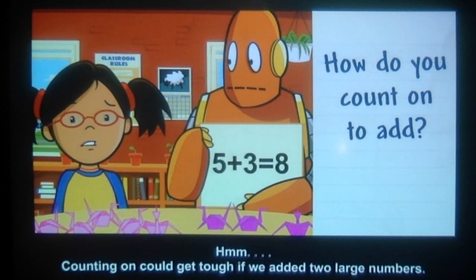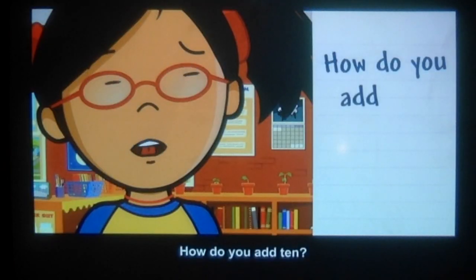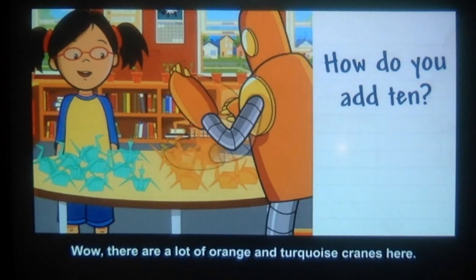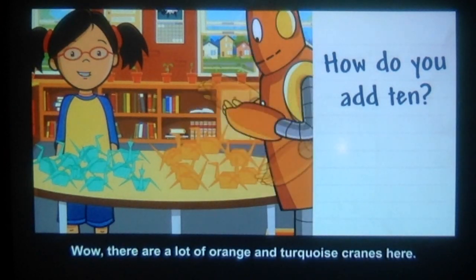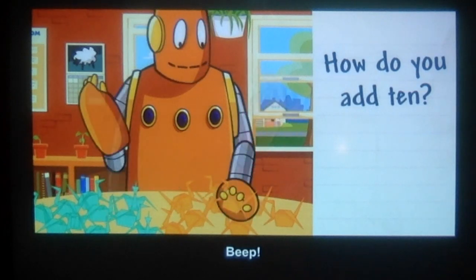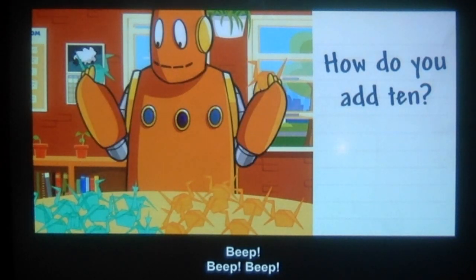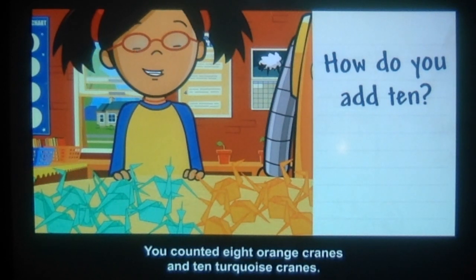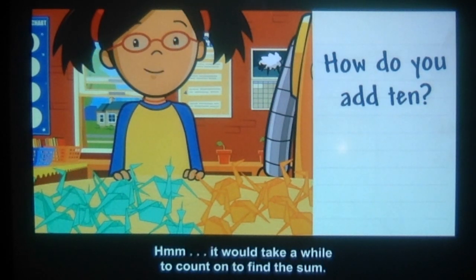Counting on could get tough if we added 2 large numbers. How do you add 10? Wow, there are a lot of orange and turquoise cranes here. You counted 8 orange cranes and 10 turquoise cranes. It would take a while to count on to find the sum.